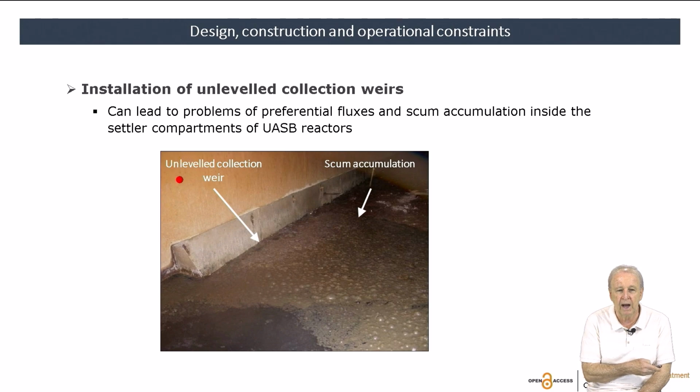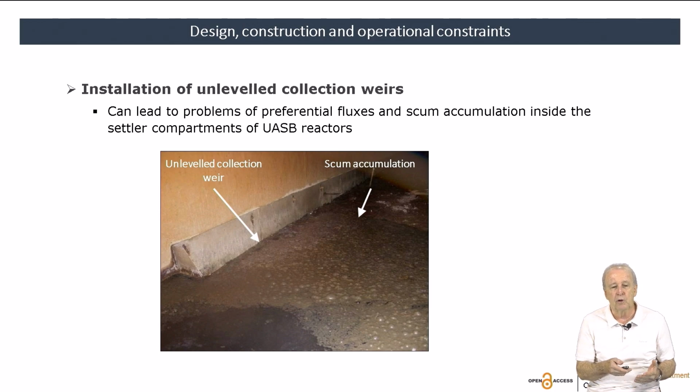If you have an unleveled collection weir, we are going to have flow in one part of the collection channel and accumulation in other parts. So this can lead to problems of preferential fluxes and also scum accumulation, as we can see in this photo.